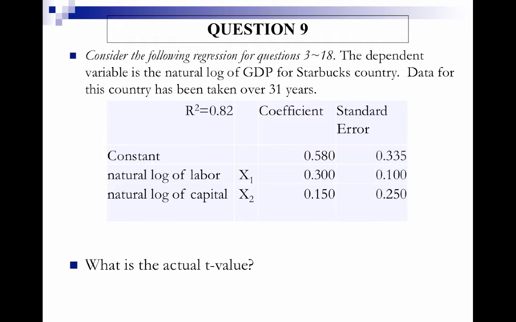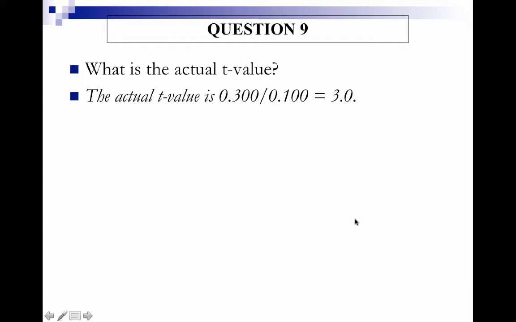And so now it's asking you for the actual t-value. The actual t-value is going to be 0.3 divided by the standard error, which is 0.1. Okay. So technically it's 0.3 minus 0 from the null hypothesis divided by 0.1, and so we get a value of 3.0 for the actual t-value.